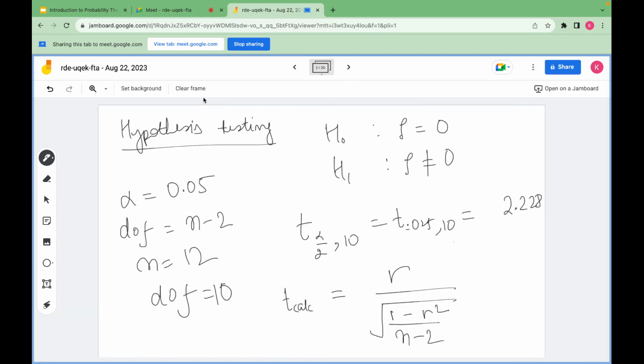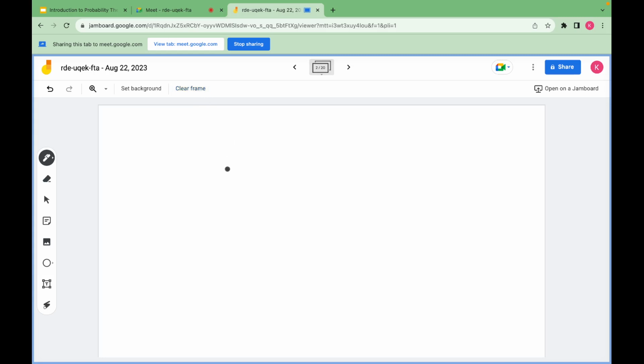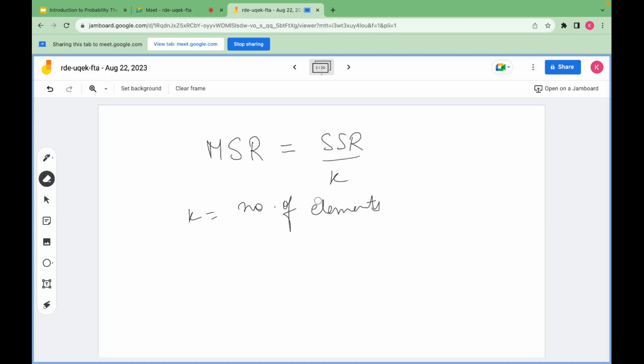For this we will calculate a few values. First we will calculate the mean square regression, which is SSR upon K. K is the number of independent elements.